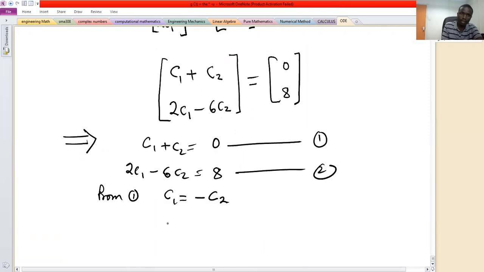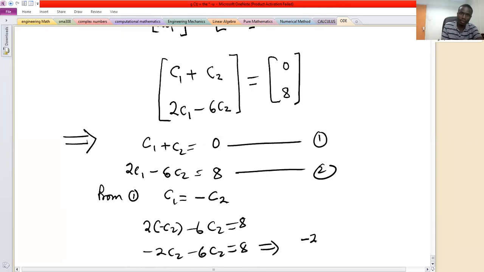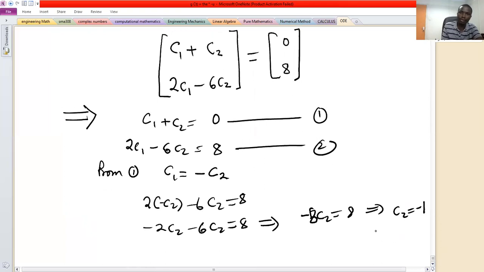When I replace into the second equation, I have 2 into minus c2 minus 6c2 equals 8. So minus 2c2 minus 6c2 equals 8. So this means minus 8c2 equals 8, so c2 is minus 1. And so c1 should be 1.